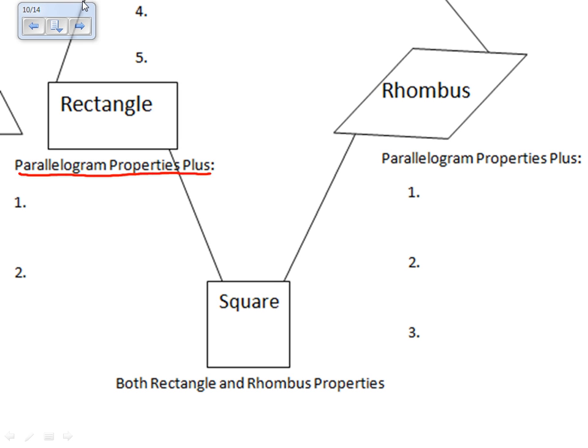First, the definition of a rectangle. The definition of a rectangle, it has 4 what? 4 right angles. So a rectangle has 4 right angles. And the other thing that's new about it is that the diagonals are congruent.